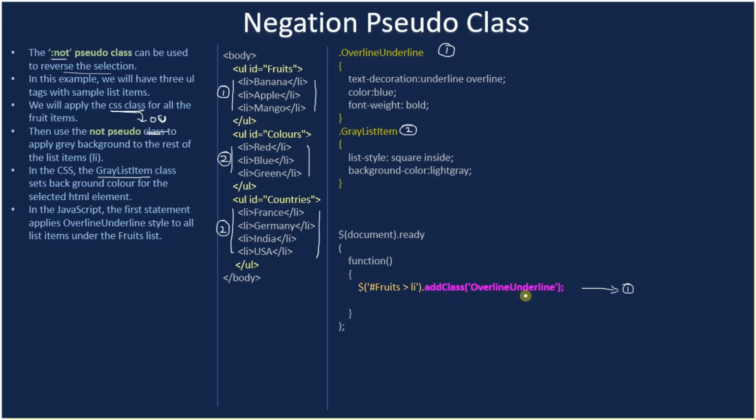Because we make a call to addClass overline underline, so that will apply this class. We know that this will apply overline underline with blue text and bold, right? Overline underline style to all list items under the fruit list. This we already saw in the previous video. We kept this same line.